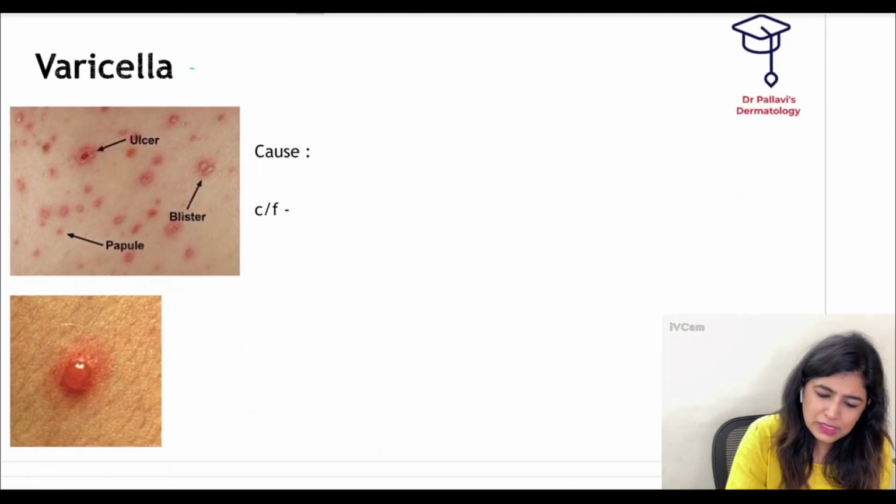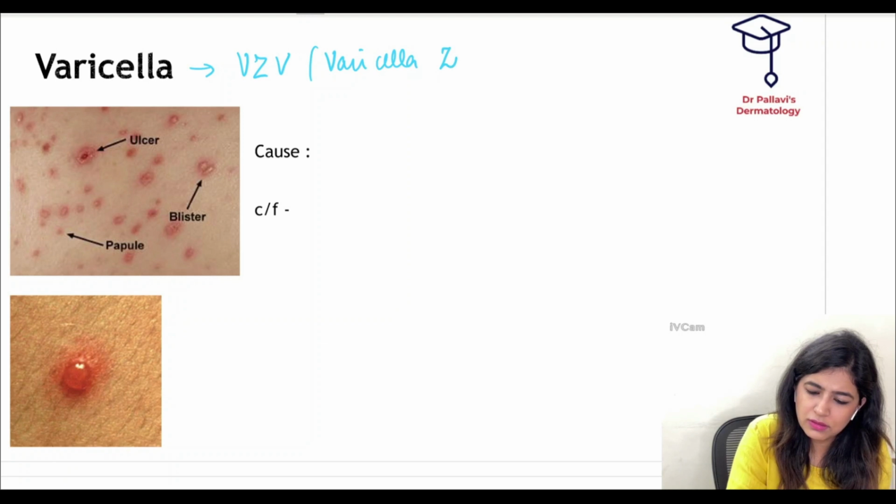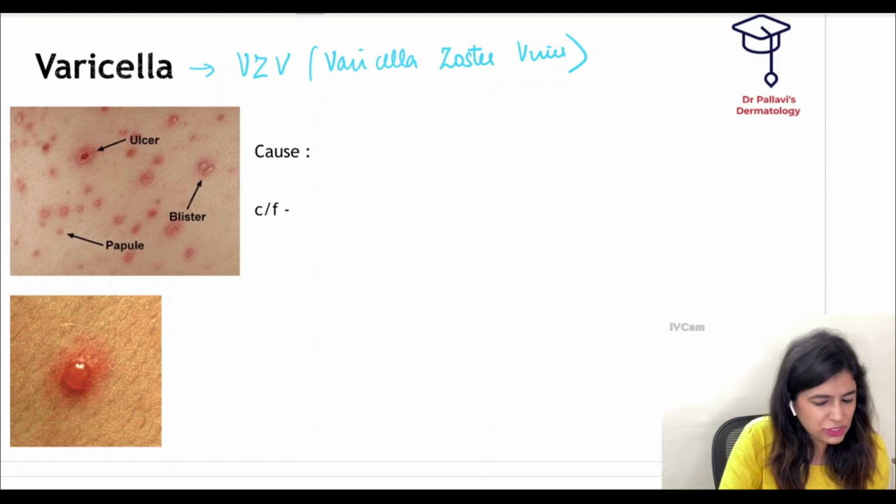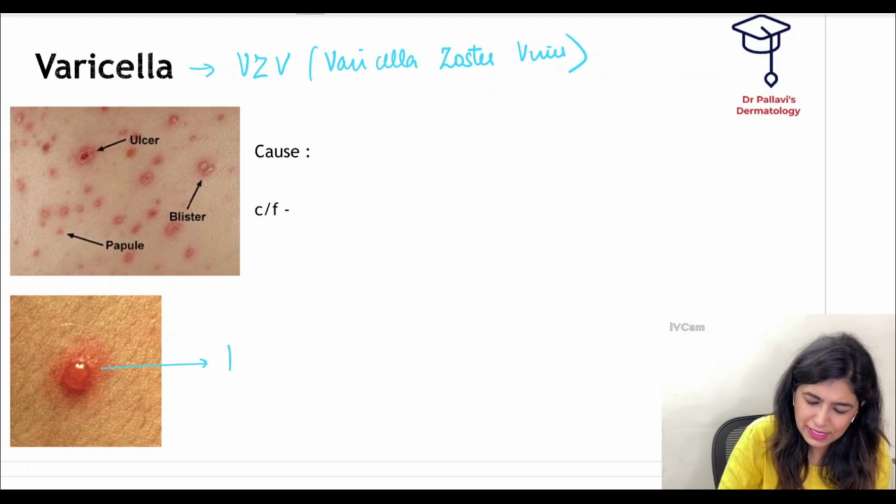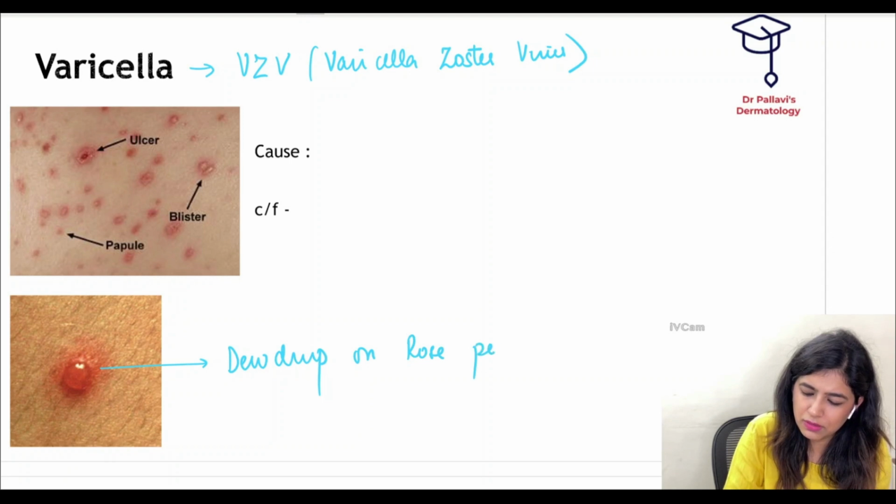Caused by which virus? Also called VZV, which is the Varicella Zoster virus. Clinical features: we just saw fever with pleomorphic rash. The rash over here has a sign which is called dewdrop on a rose petal. So this rash has two features.